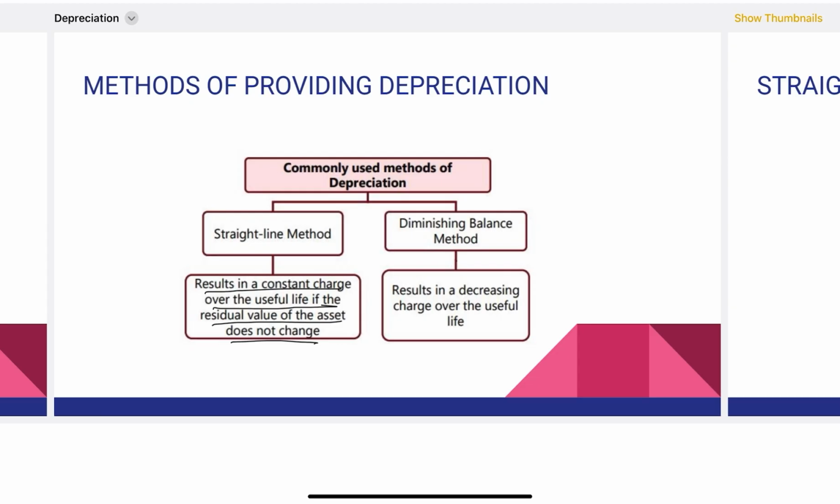Whereas the diminishing method results in a decreasing charge. Basically we charge the depreciation for a particular year and then reduce the value of the asset with that, and the amount that is remaining after the end of that year, we charge depreciation on that amount. That is basically charging depreciation on the written down value.